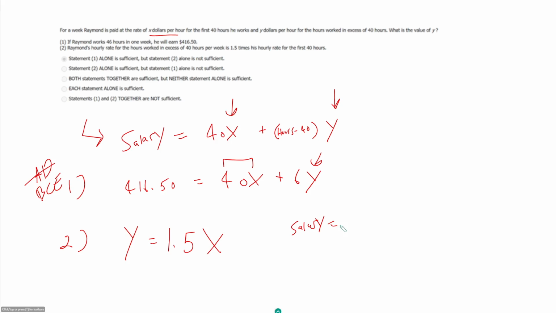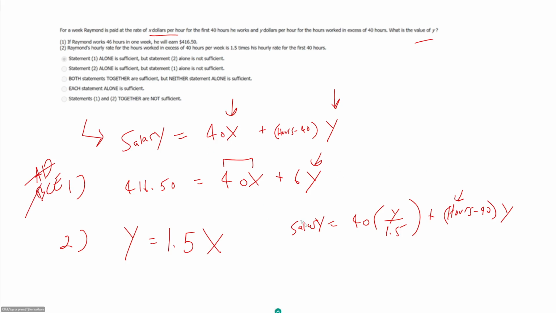And if we want to put everything in terms of Y, we want to get X in terms of Y. So it would be 40 times, X is equal to Y over 1.5, times Y. And so here, we're still not going to be able to solve for Y. We don't know how many total hours he worked. We don't know what his salary was for the week. So this is going to be insufficient now together.